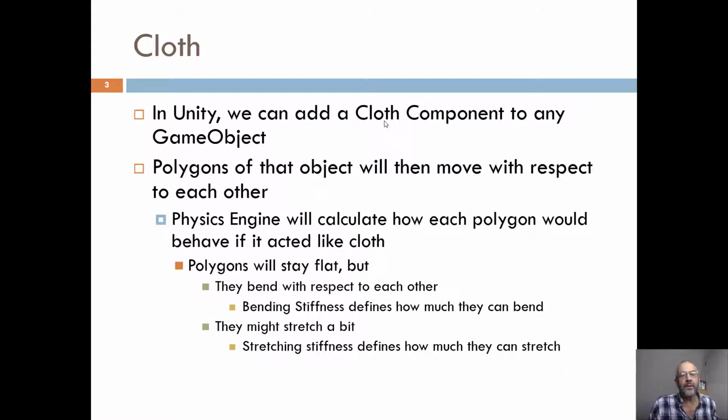The physics engine will make calculations how to bend and stretch polygons such that it acts like a cloth. So we still have the mesh, but the separate polygons of the mesh move. They're still connected to each other, so it's not like a particle system where every polygon moves on its own. The polygons stay connected, but they can bend and they can stretch, and in that way it can behave like a cloth.